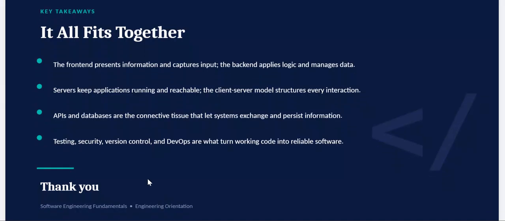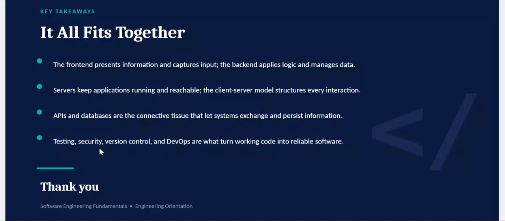Key takeaways. So it all fits together. The front end presents information and captures input. The back end applies logic and manages data. Servers keep the application running and reachable. The client-server model structures every interaction. APIs and databases are the connective tissues that let systems exchange and persist information.